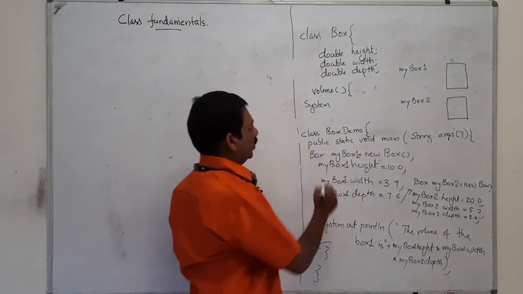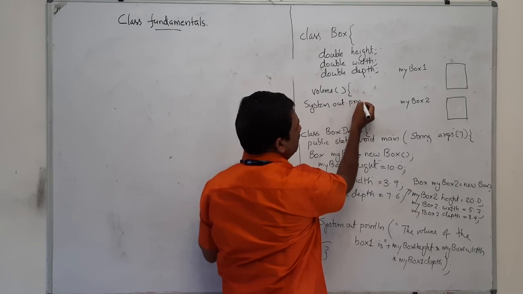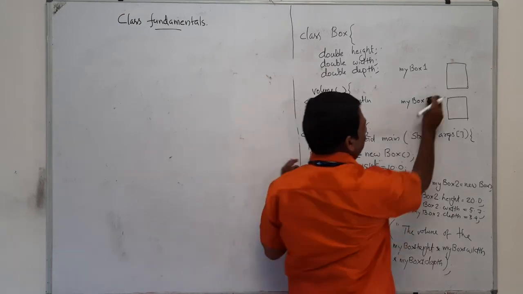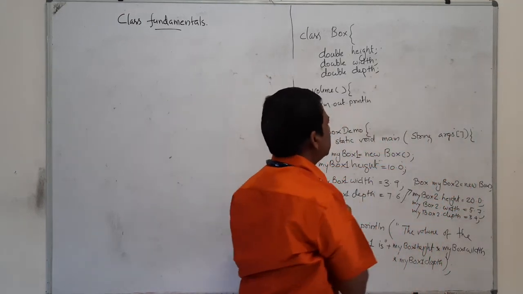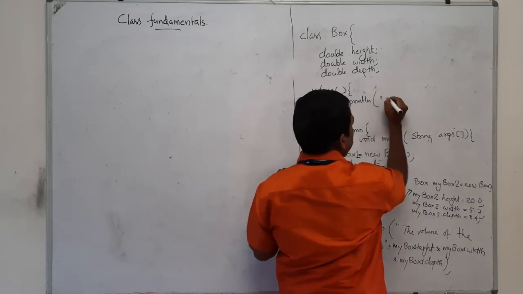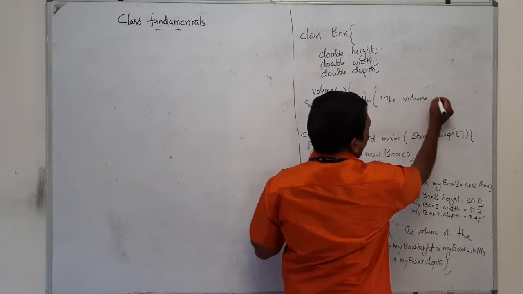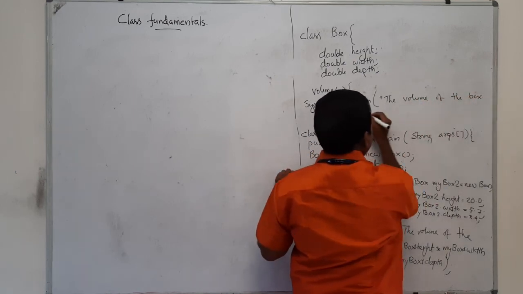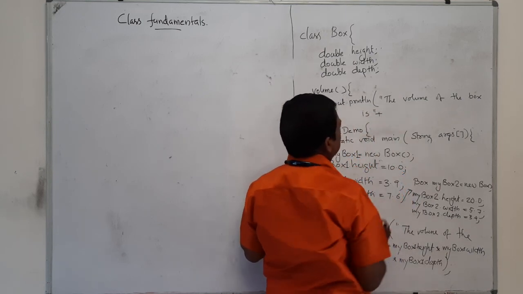As the body of this volume method, I am going to have a System.out.println statement, and inside this, the volume of the box is, plus.